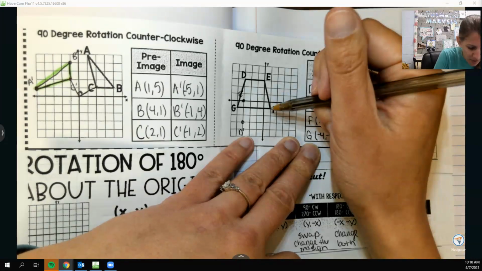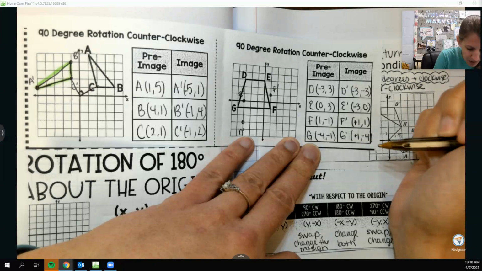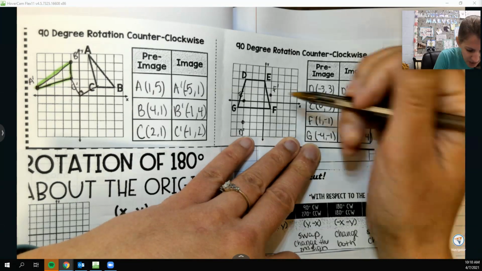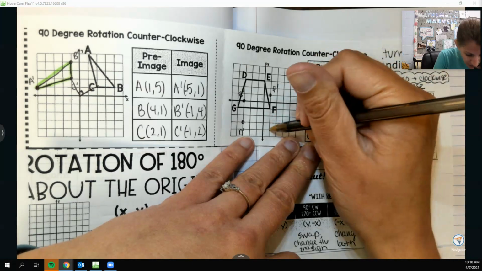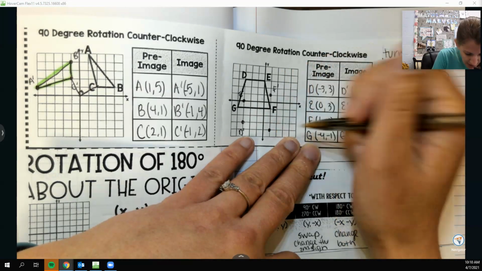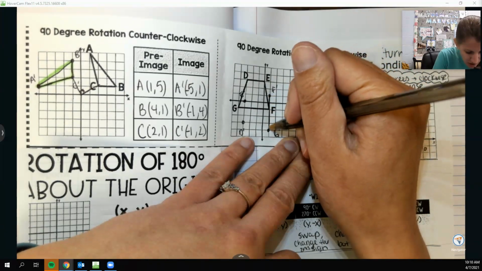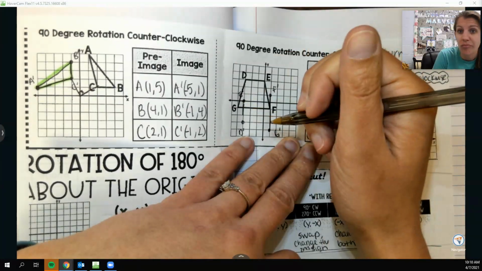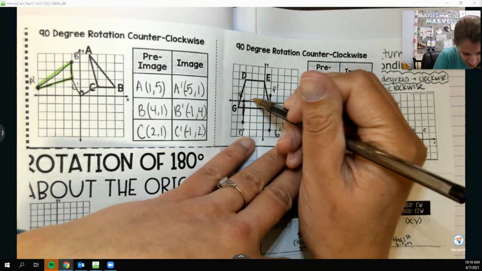F prime is going to be at (1, 1), so that moved one quadrant over. And then G prime is at (1, -4). So the trapezoid that I started with should be the same trapezoid that I end up with, just turned. So hopefully that is what happened.